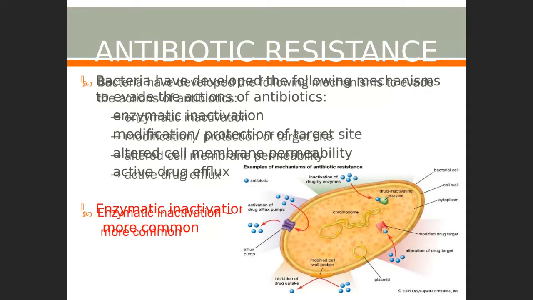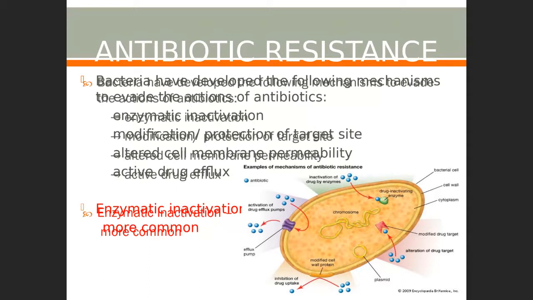It will either cause an inactivation of the antibiotic. That means the bacteria will develop certain enzymes and those enzymes will inactivate the drug, or the bacteria will modify or protect the target site.